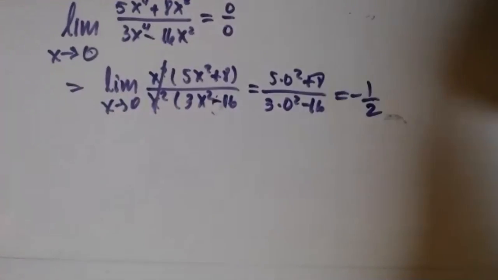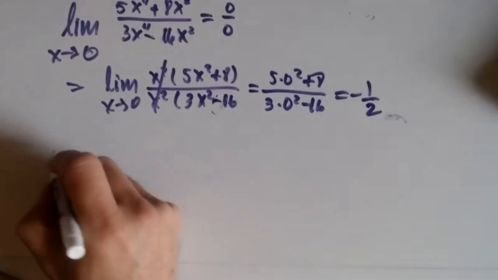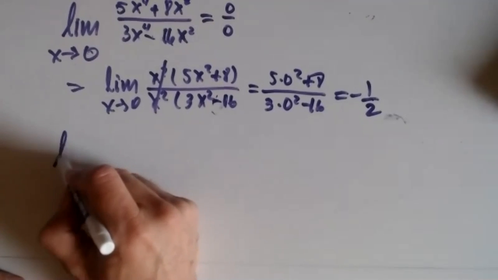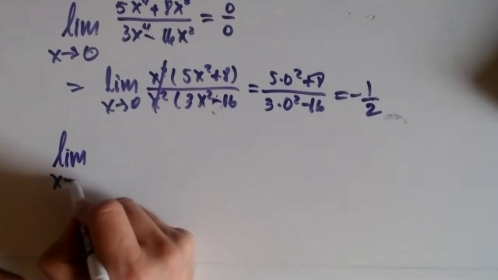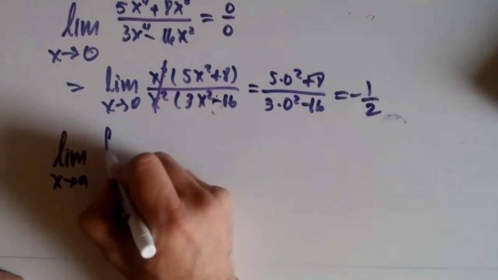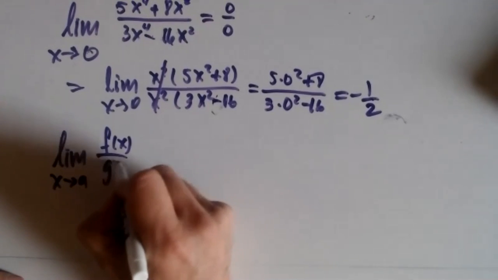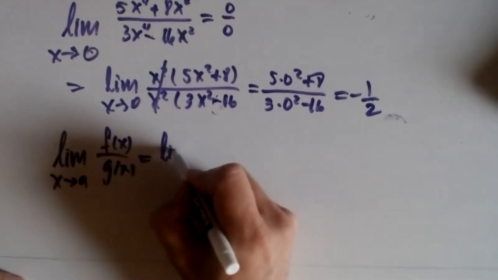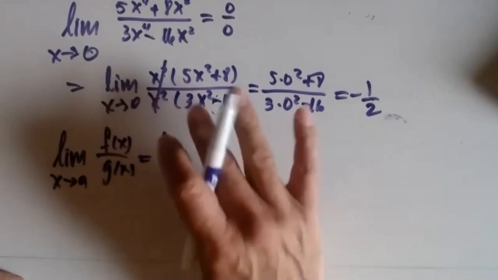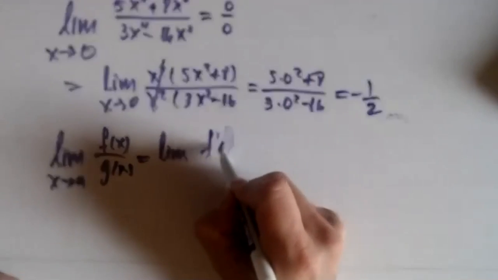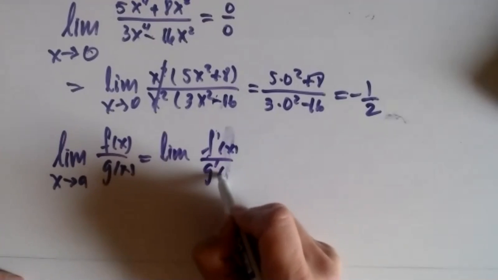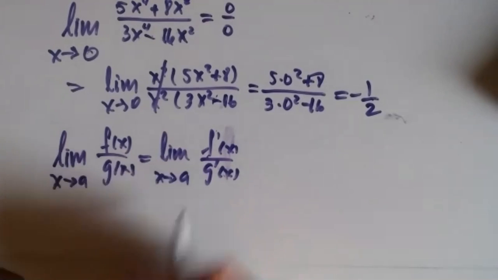Let me just show you. L'Hopital says the limit at a of f of x over g of x is the limit of f prime of x over g prime of x when x approaches a.